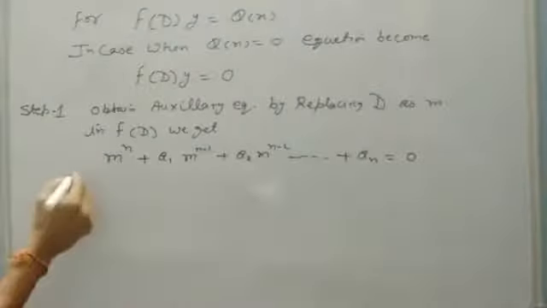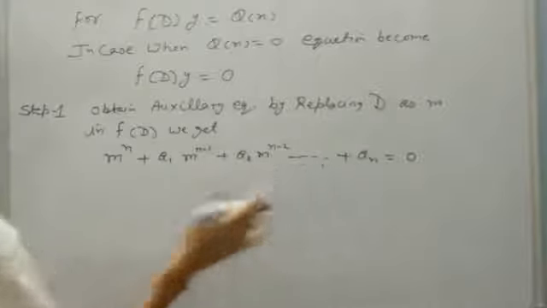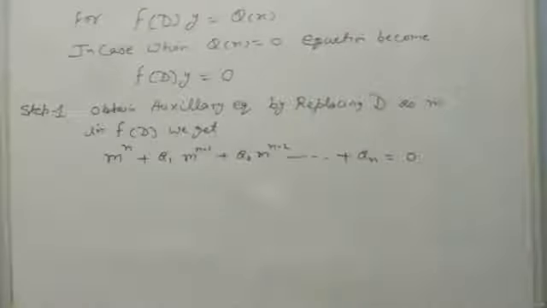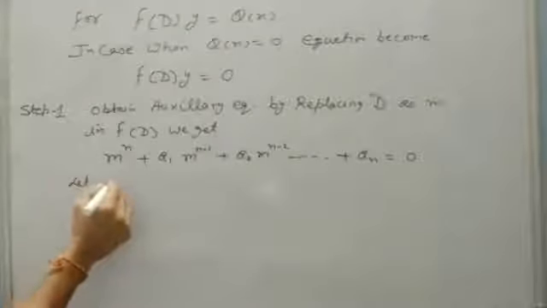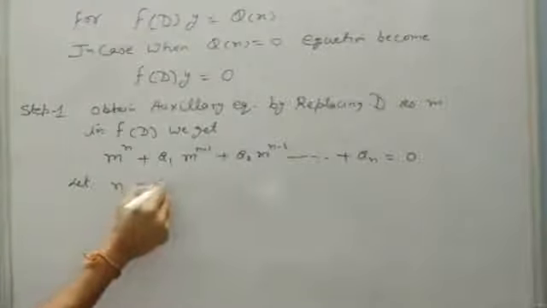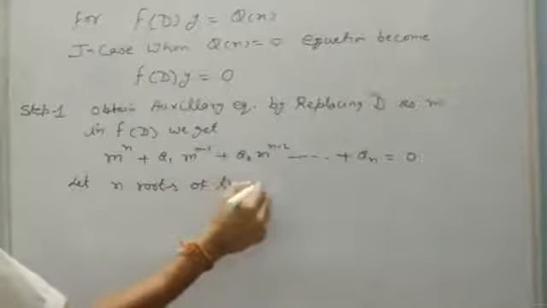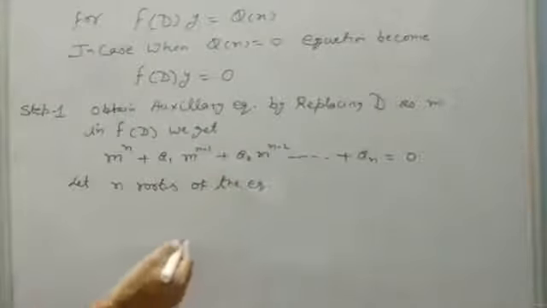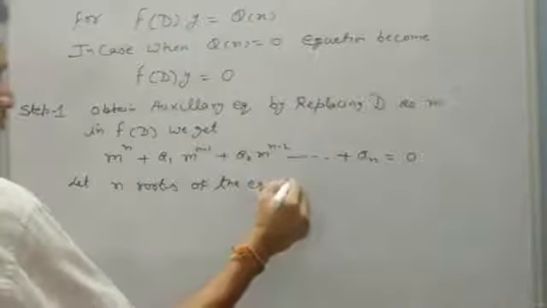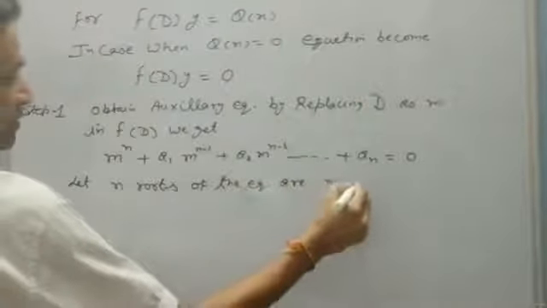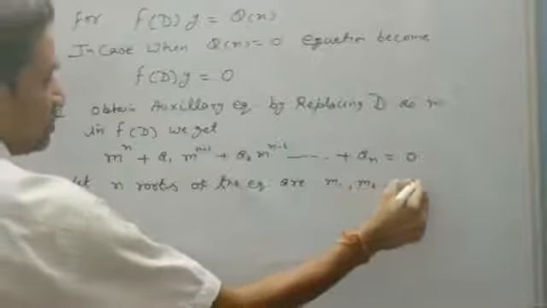Because it is a polynomial equation, we can say it has n roots. So let the n roots of the equation be m1, m2 and so on, mn.